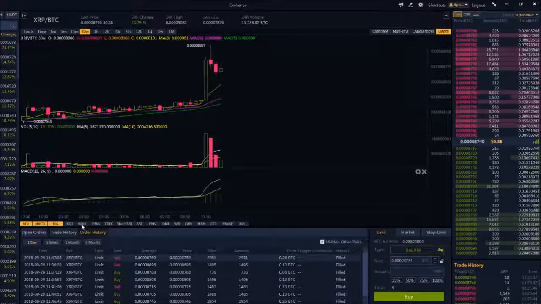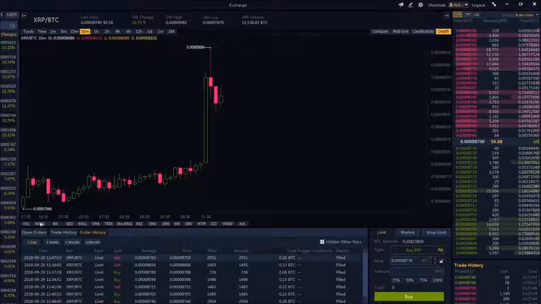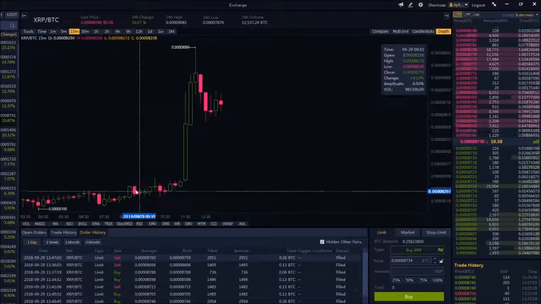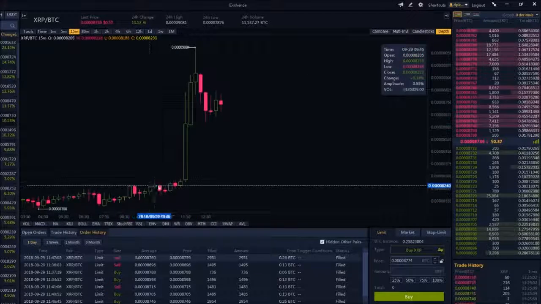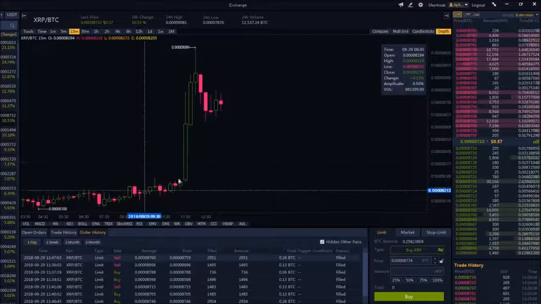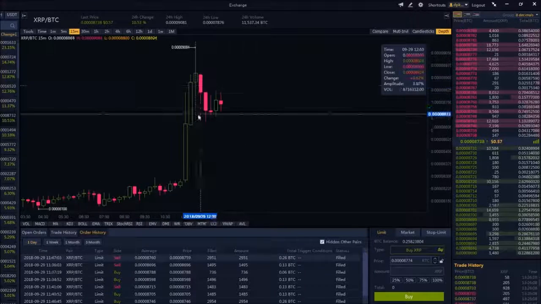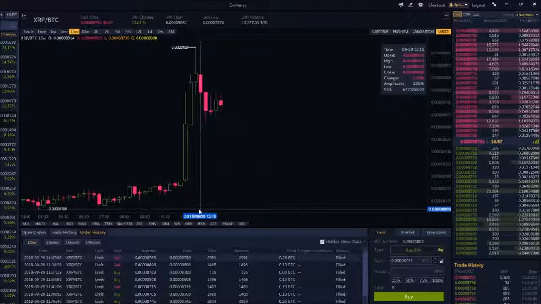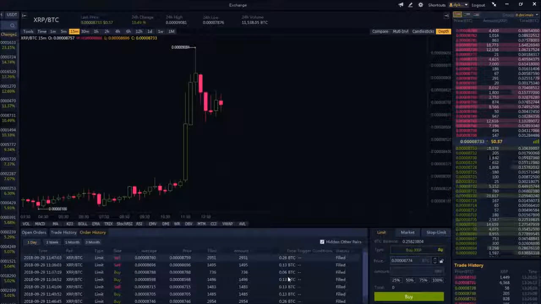I'll just get rid of some of these indicators here. Yeah, so I saw this sign here, the lack of market volatility. We've got some candlestick patterns in here that were quite good signs, and the market did increase. I was still waking up at the time, so I wasn't really sure what was going on.